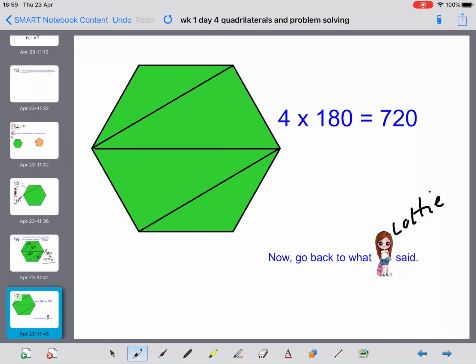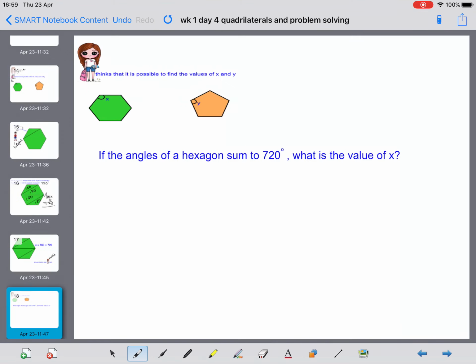Okay, now go back to what Lottie was saying. Lottie said she thought it was possible to find the value of x and y. So, looking at this one at the moment, if the angles of a hexagon sum to 720, what is the value of x? How are you going to work that out?